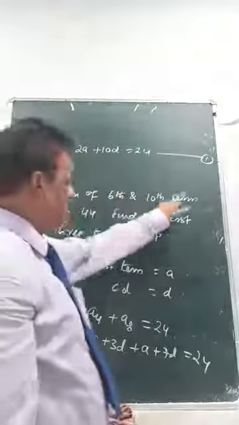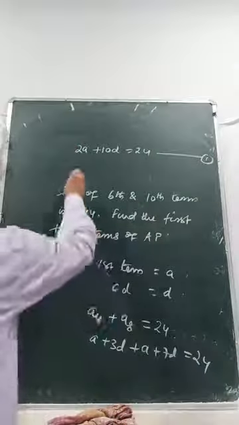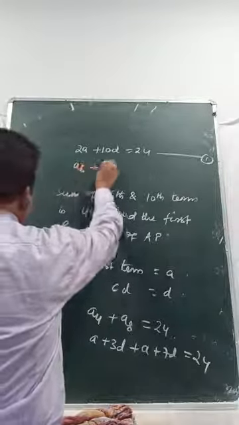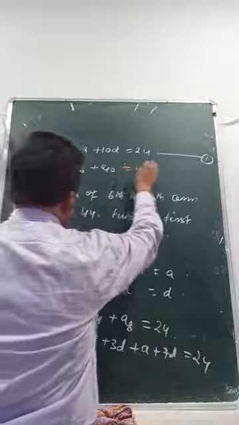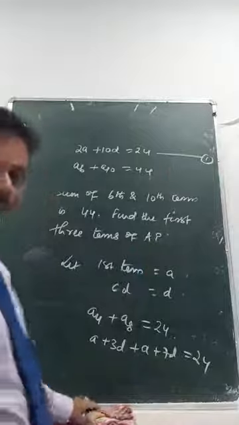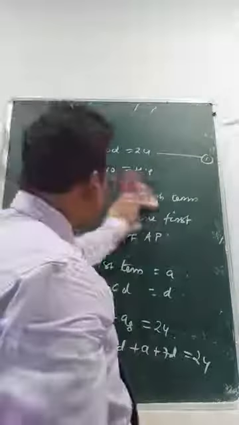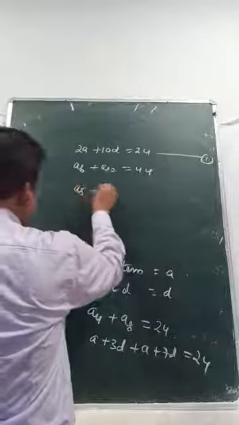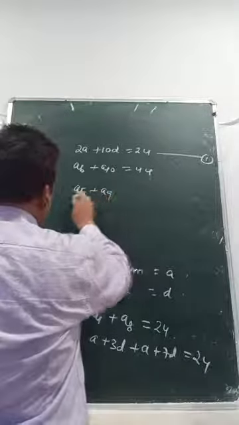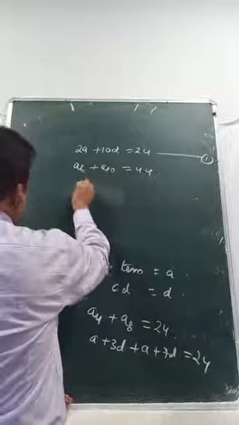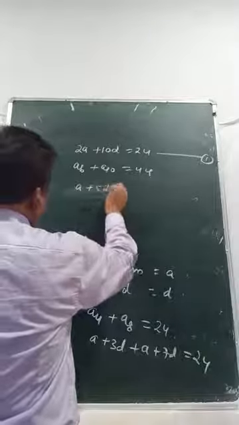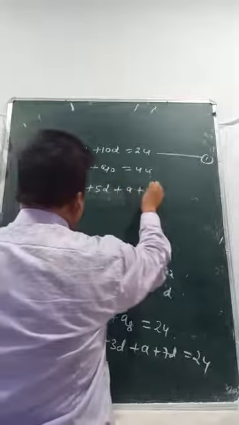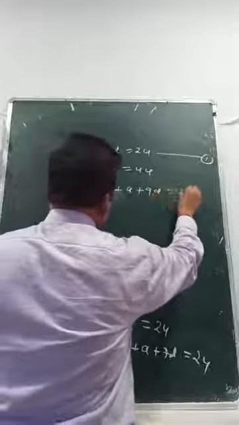6th and 10th is 44. 6th means A6, A10 equals 44. What is A6? A6 is A plus 5D, A10 is A plus 9D, equals 44.